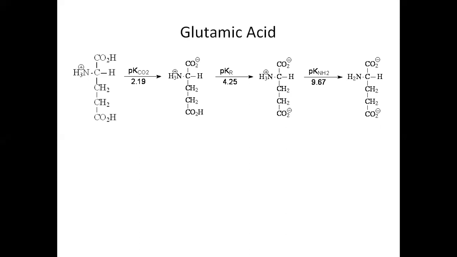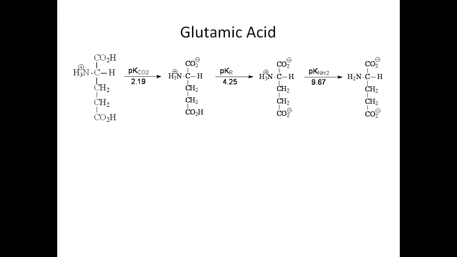To answer that question, we consult table 5.1 of your book and find that the pK value of the carboxylic acid group for the amino acid glutamic acid is 2.19, which your book calls 2.2. The pKa for the R group is 4.25.